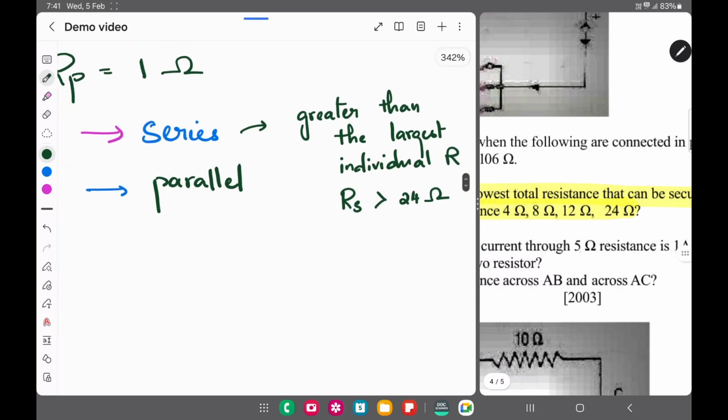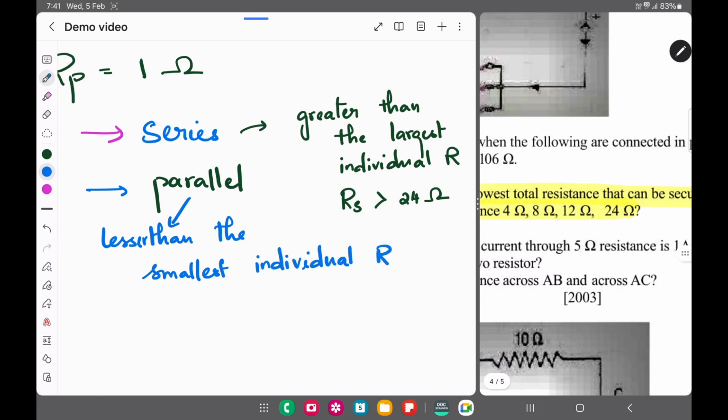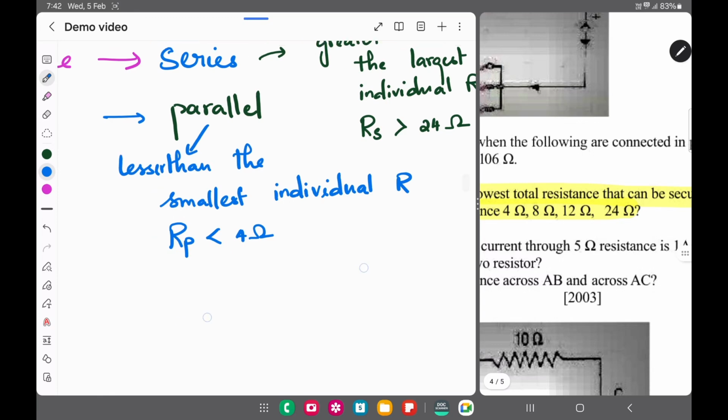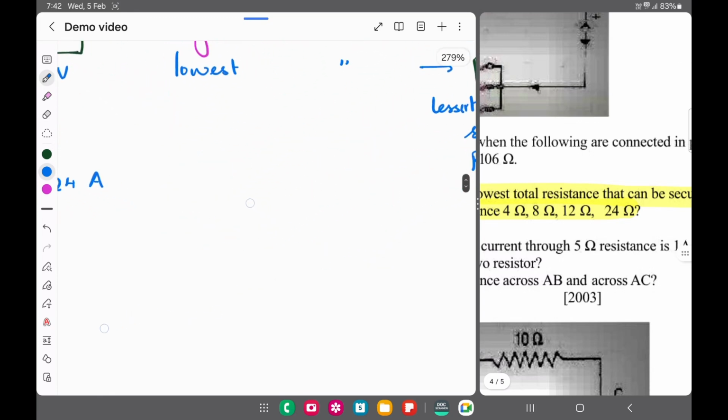Similarly, if you connect in parallel, your total resistance would be lesser than the smallest individual resistor. Among these 4, the smallest resistance is 4 ohm. So the parallel combination's total resistance would be less than 4 ohm. Okay, let's do this and check whether the same answer comes and whether the condition I said is satisfied.